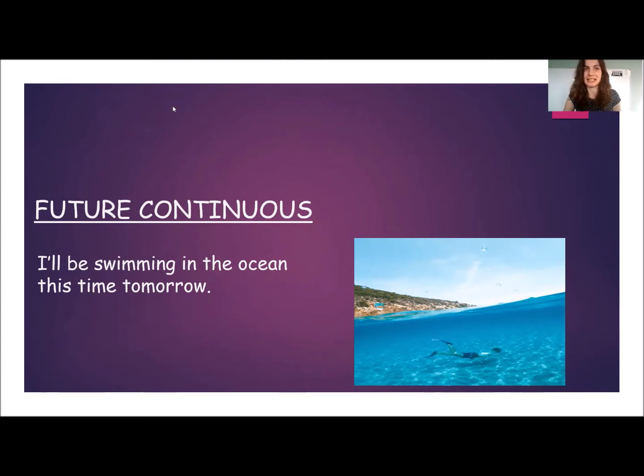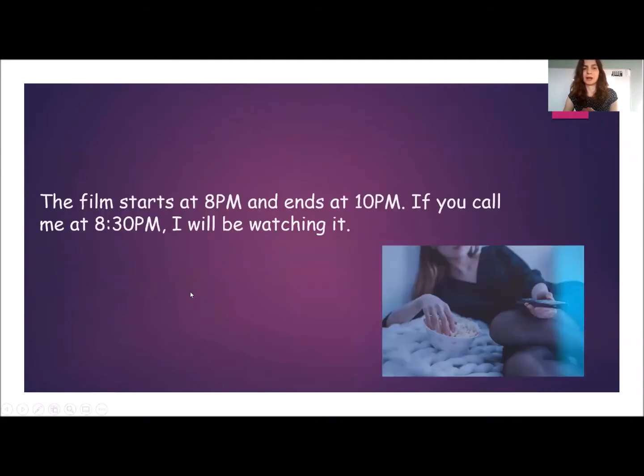Let's have a look at the second example. In there, let's say that I'm talking again to my friend, and I have a plan for tomorrow, and that is that I want to watch a film, right? So I will say to my friend, well, the film starts at 8 p.m. tomorrow and ends at 10 p.m. So if you call me at 8:30 p.m., I will be watching it.